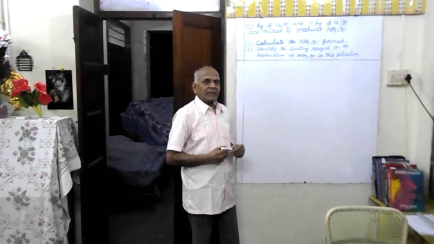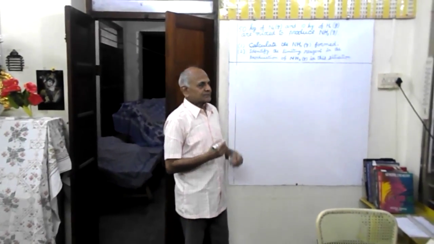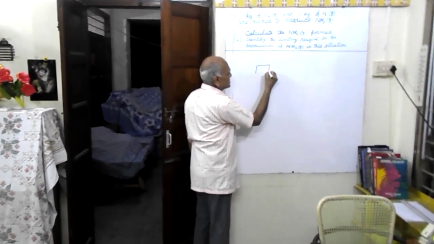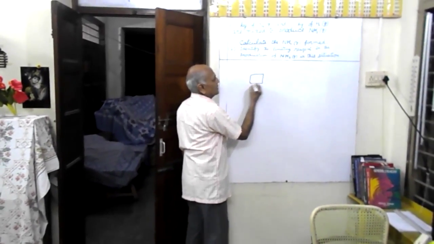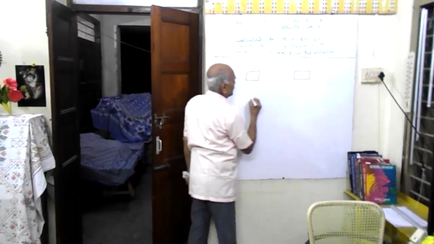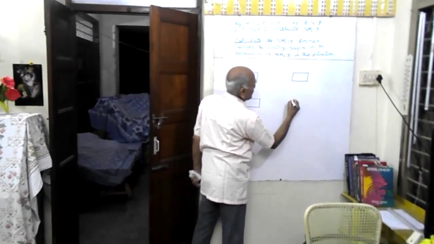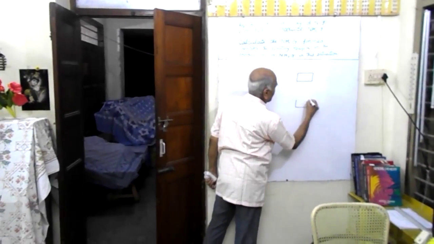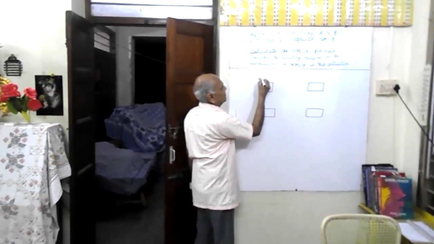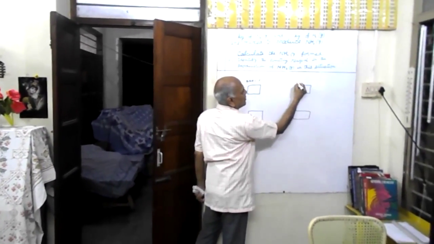To understand the math involved in the problem, let us use 4-box method. I am going to draw 4 boxes. Let us call this box number 1. This let us call box number 2.